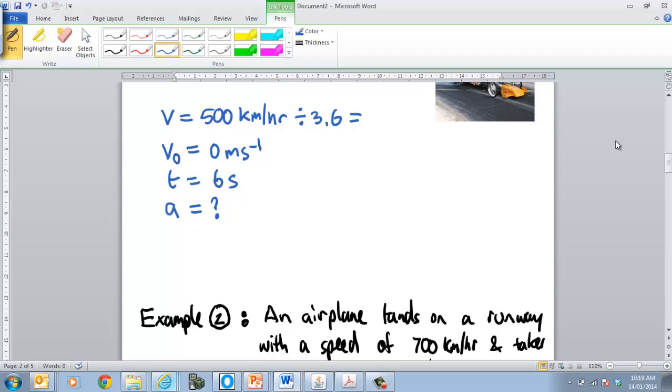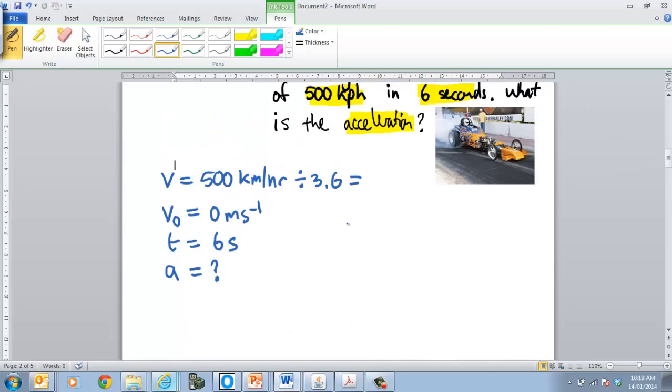So in this particular case, I'm going to write down my acceleration is equal to my final velocity, take my initial velocity, all over t. Okay, now my calculator's not working on the computer, so I'll just do that on another one.